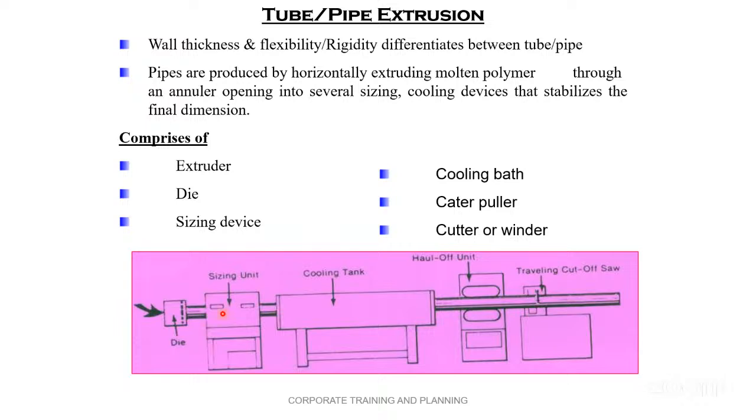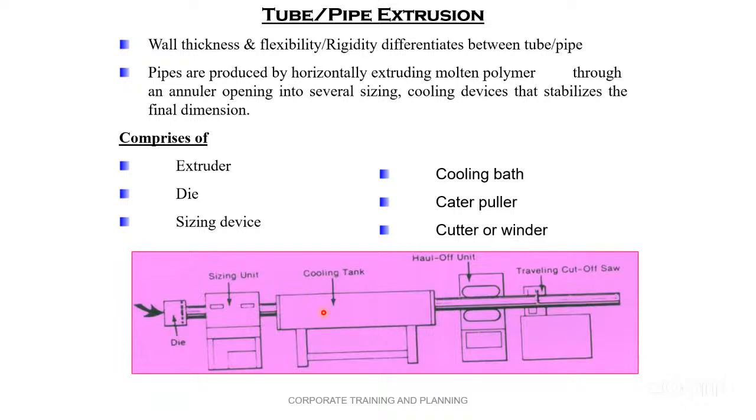After the sizing sleeve, when the pipe comes through the sizing unit, it passes into a cooling tank. Now, the cooling tank depends upon the size of the pipe.